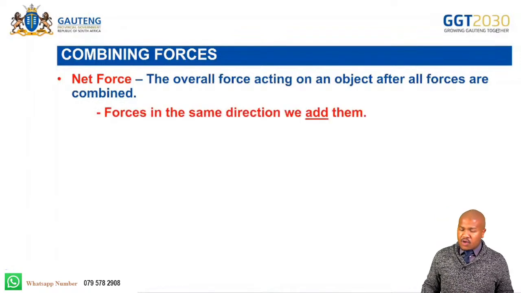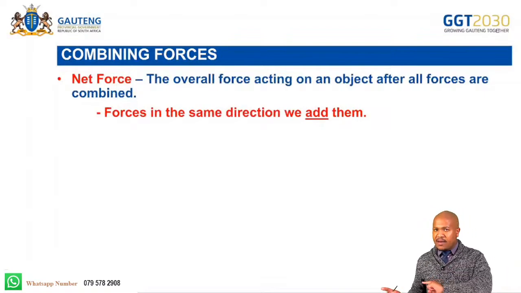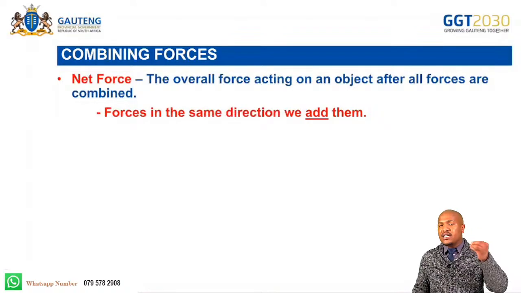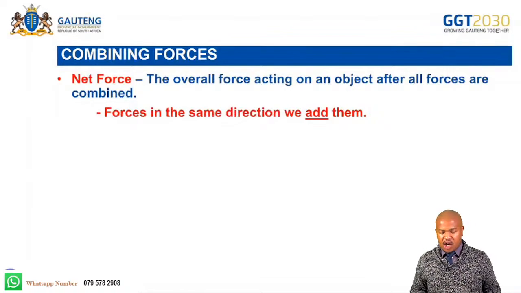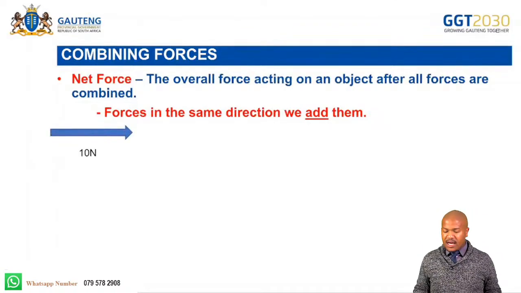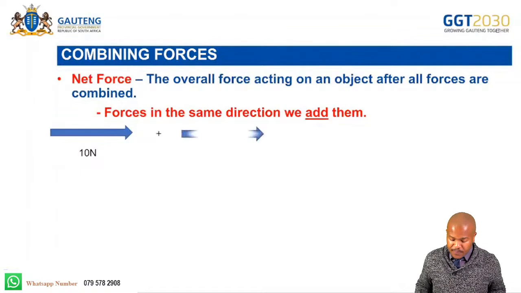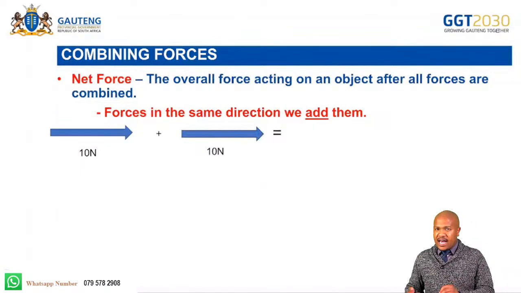Sometimes we have forces acting in the same direction. They are all going in the same direction. For such forces, in order to determine the net force or the resultant force, we need to add them together. For example, here we have 10 newtons of force going to the right-hand side plus another 10 newtons of force going to the right-hand side as well.